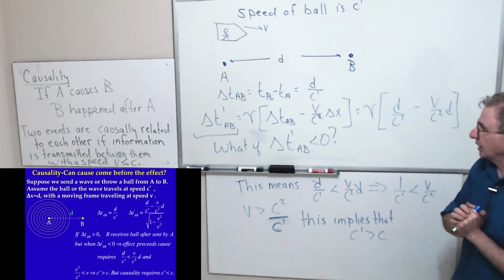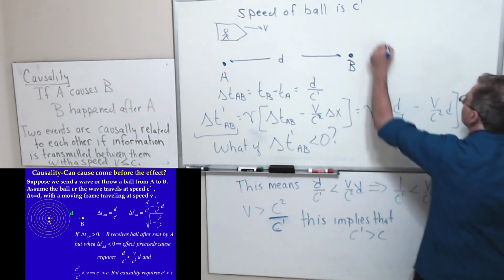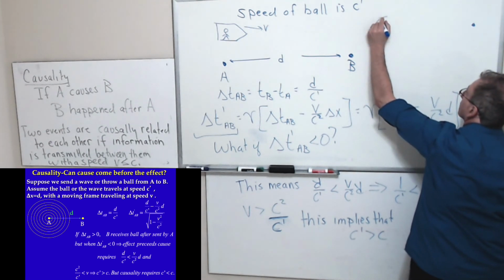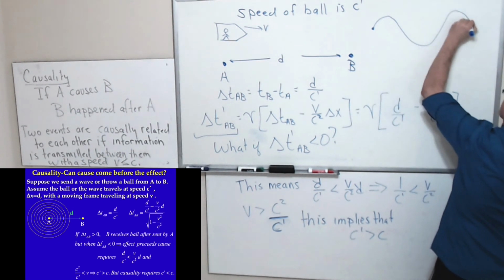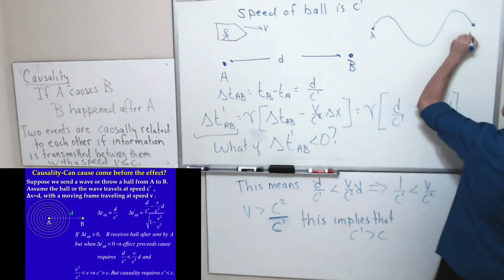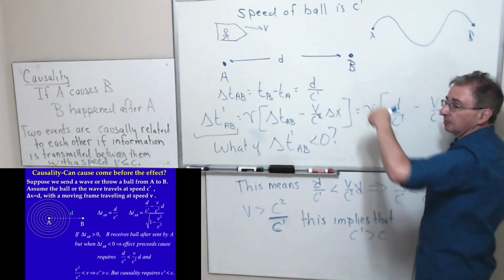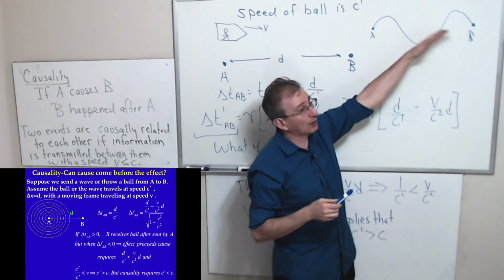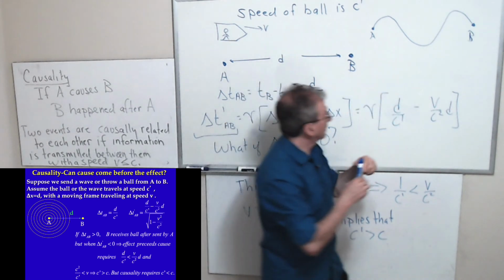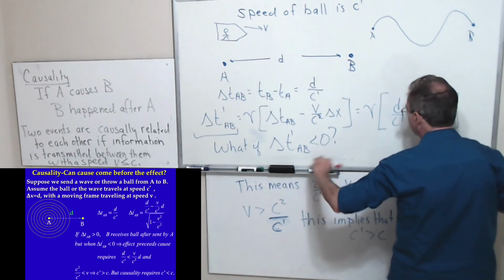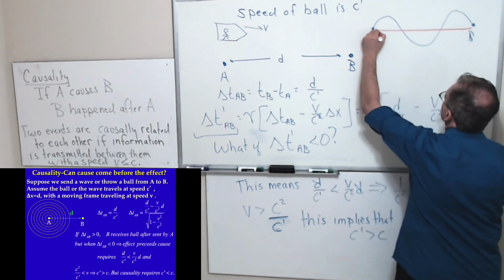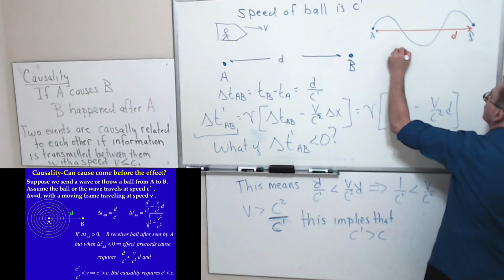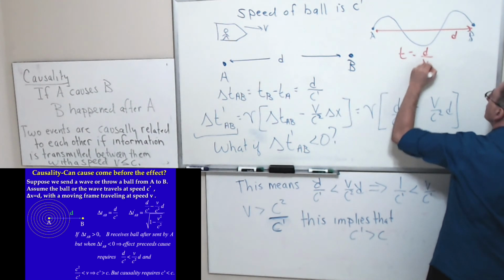Now, another example I can give is, again, between points A and B, let's say I have a string between points A and B. So here's A, here's B, and I jiggle point A up and down so that a wave ends up traveling from A to B. The distance between these 2 points, again, we'll call D. The time it takes for the wave to get from here to here is going to be d over whatever the speed of the wave is.